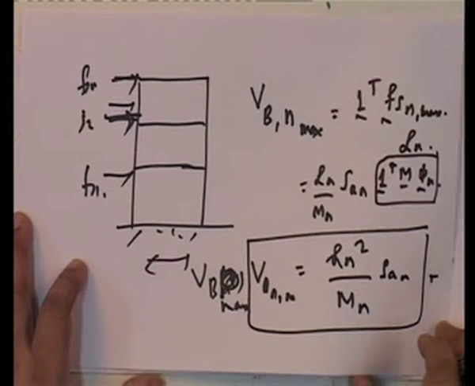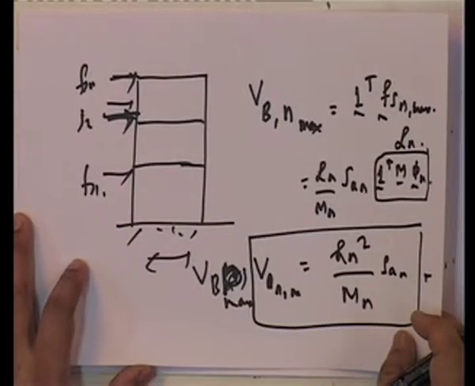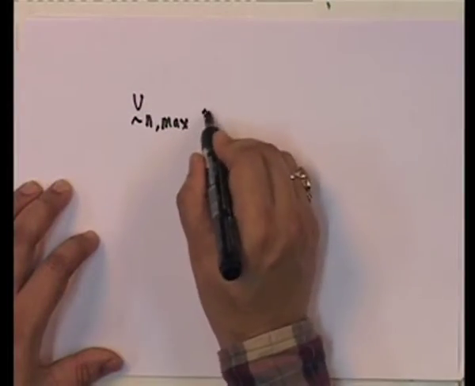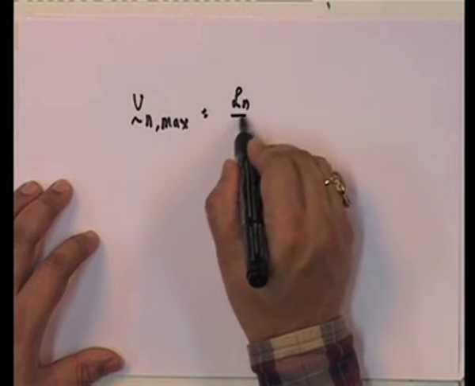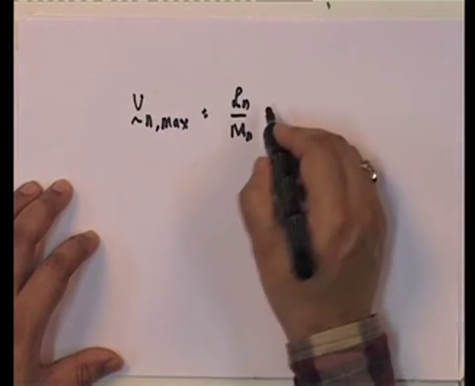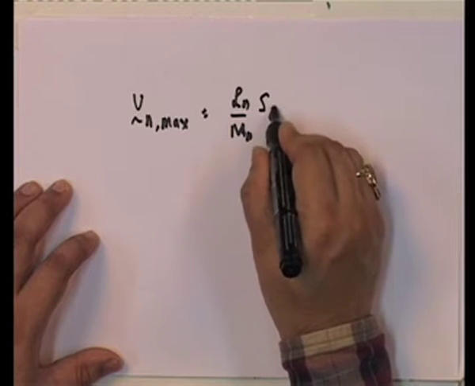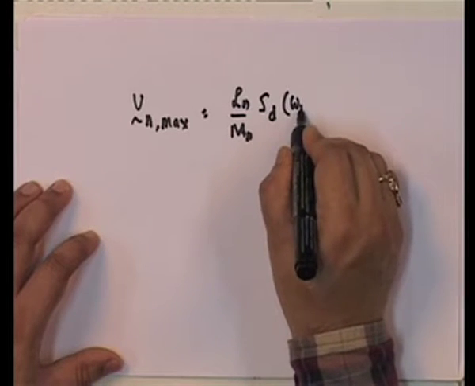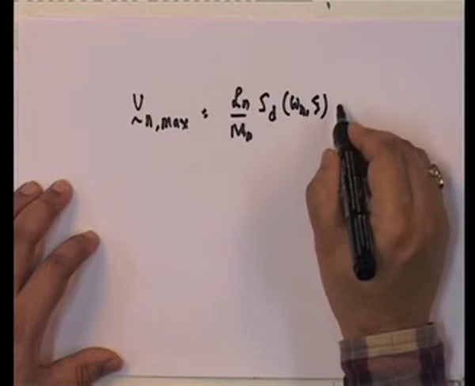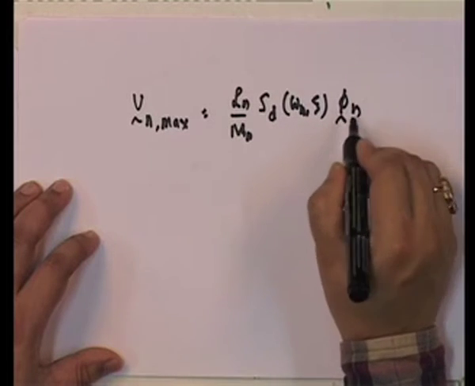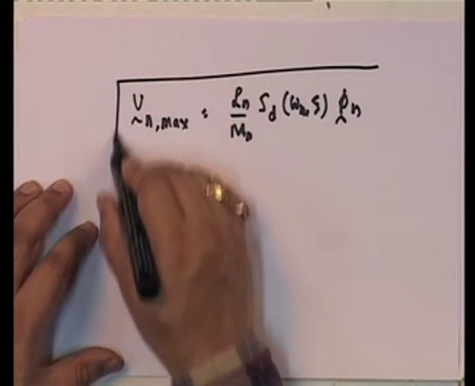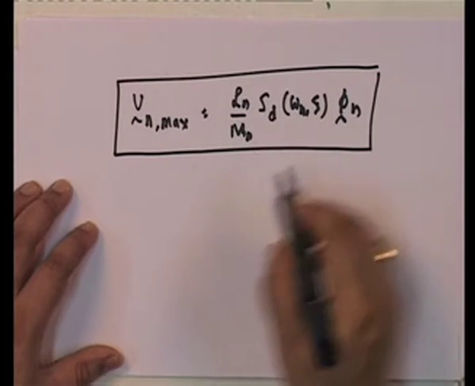Okay. So, therefore, what we have finally done is in the nth mode, this is equal to Ln upon Mn Sd omega n xi into phi n. So, this is my displacement.